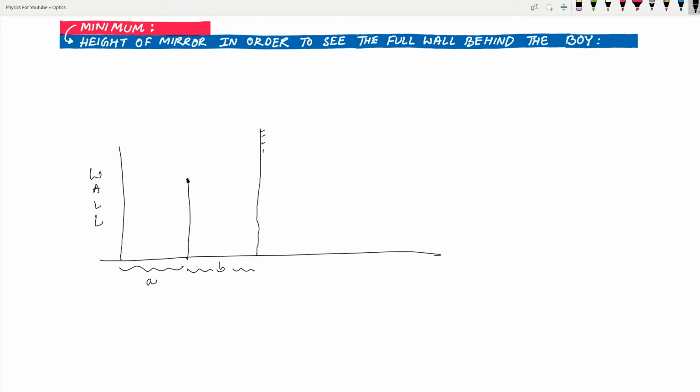This is the question. This is the back side of the mirror. Now this is the top portion of the wall, this is the bottom B of the wall, and this is the eye of the boy. Now, if the wall is at a distance A plus B from the mirror, then the image formed behind the mirror will be at a distance of A plus B. Simple as that. This is the top image, this is the bottom image, B dash, and this will be the position of E dash.